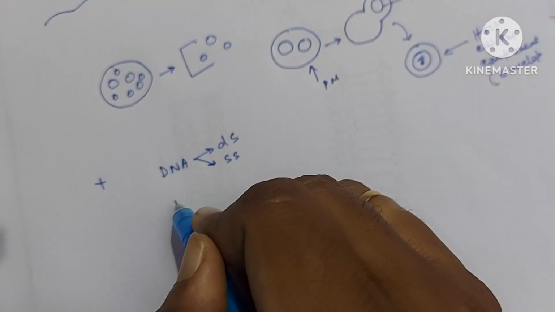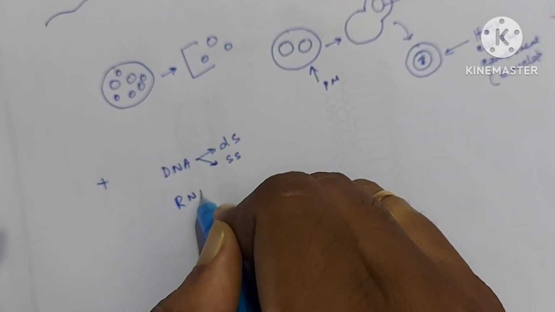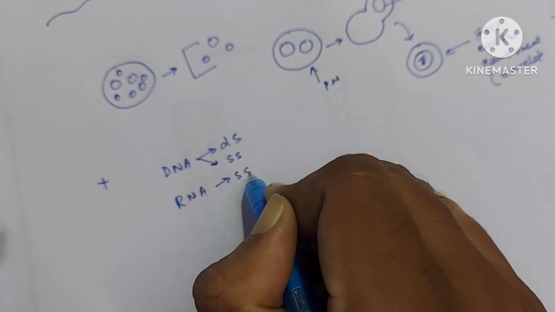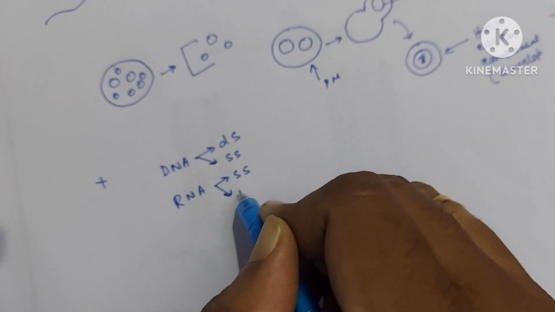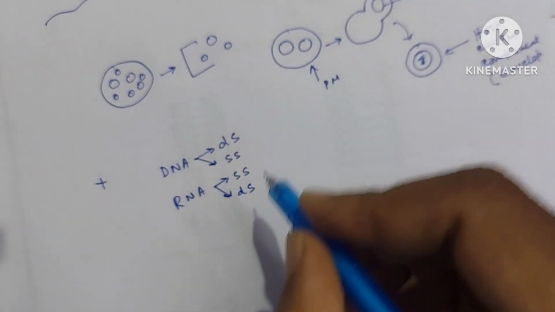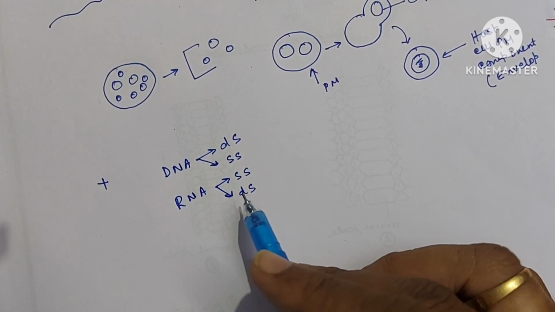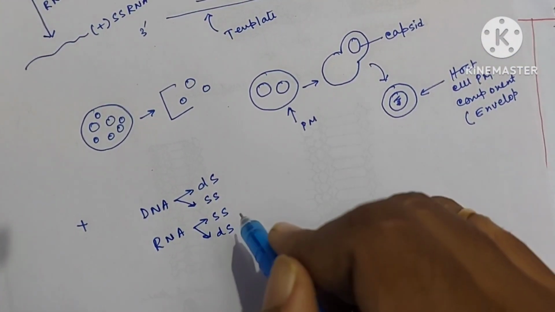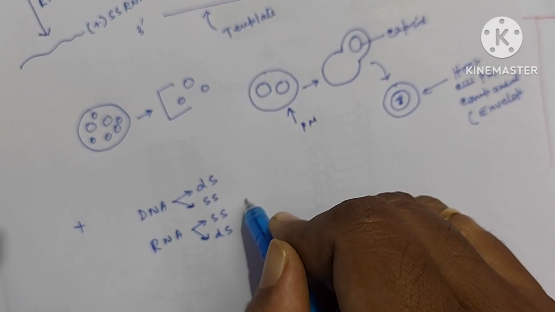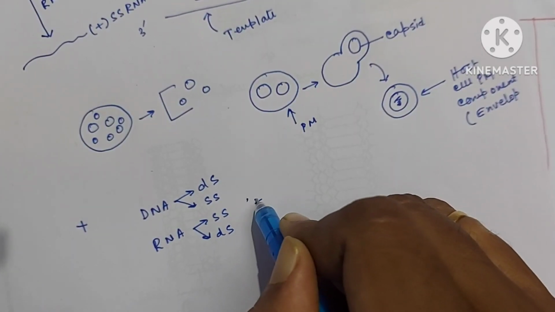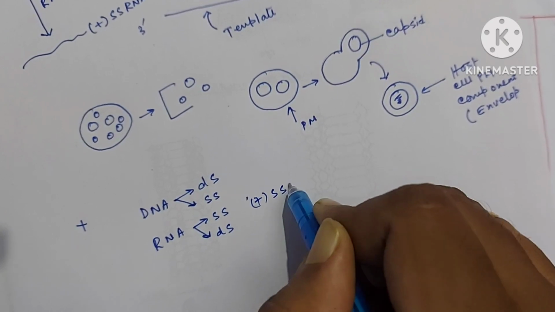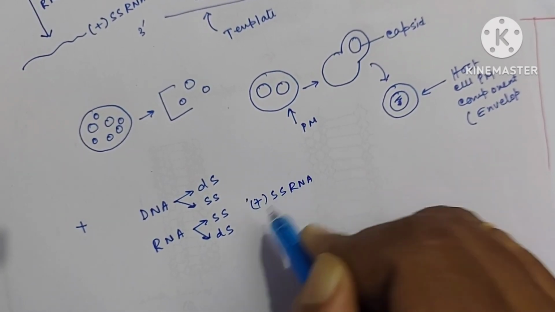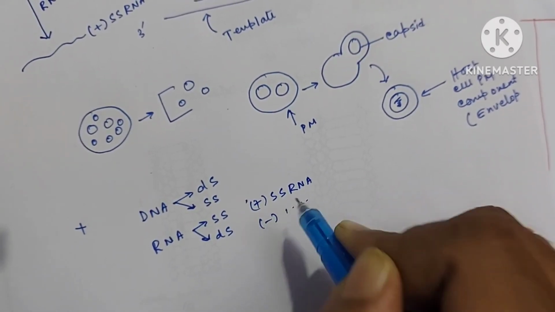The RNA-containing viruses are also of two types: single-stranded RNA viruses and double-stranded RNA viruses, and which reproductive strategy they follow, we will discuss. Apart from this, some viruses are plus ssRNA-containing viruses, and a few are minus ssRNA-containing viruses.